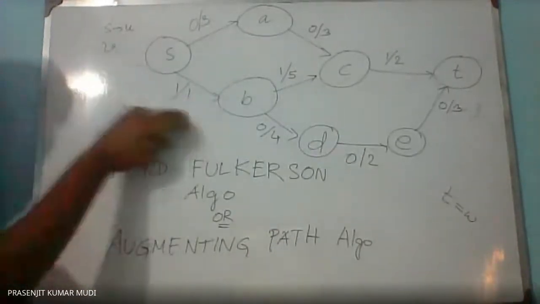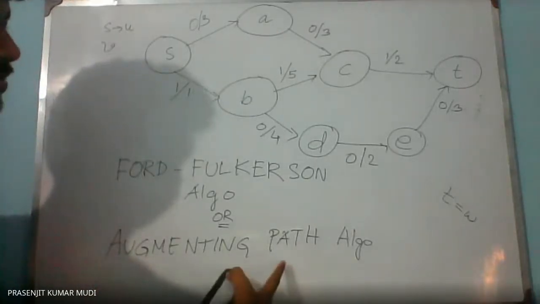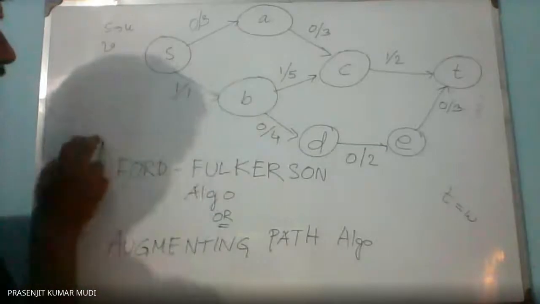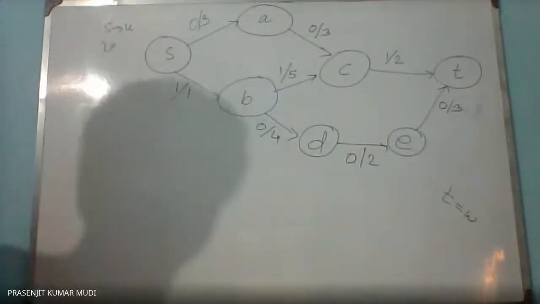Now, before going into that, we must understand the augmenting path, and the augmenting path is based on the residual network. So let's construct the residual network of this flow network G.